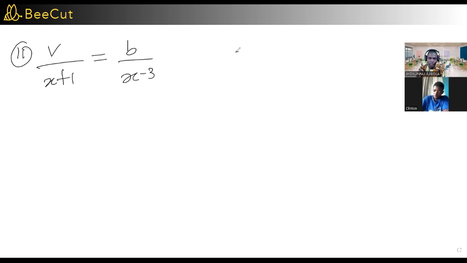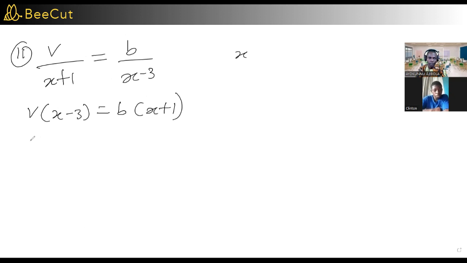So that should be number 11. b over x plus 1 plus b over x minus 3. Here we're making x the subject of the formula. Again, look up. You cross multiply. Then you have b into x minus 3 equal to b into x plus 1.